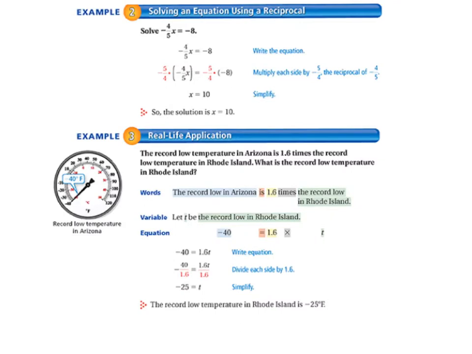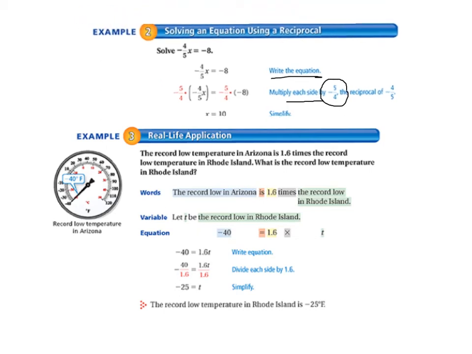Moving on to example 2 on page 79, we have negative 4/5 times x equals negative 8. And we have to write the equation. And then when we multiply each side, we multiply by the reciprocal of negative 4/5.